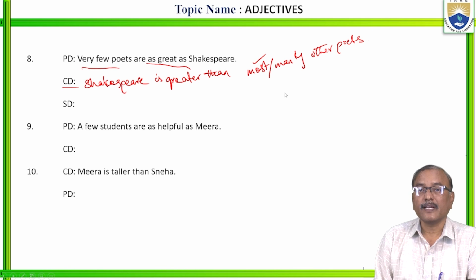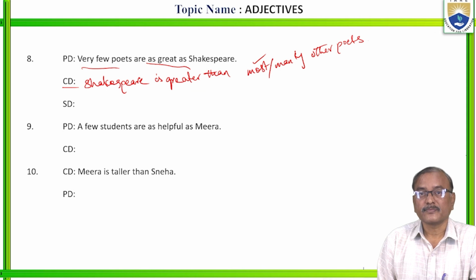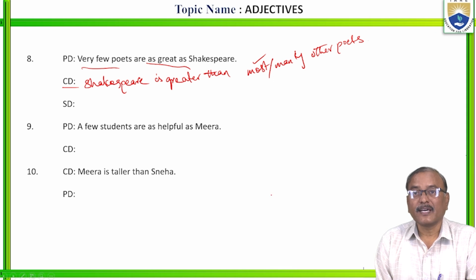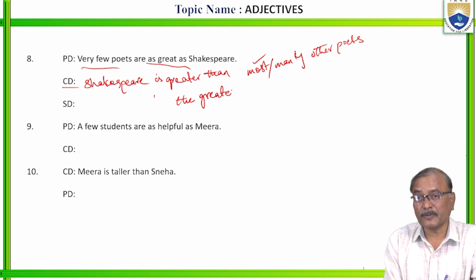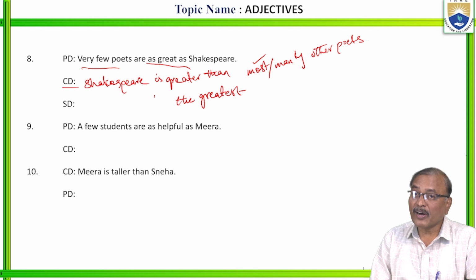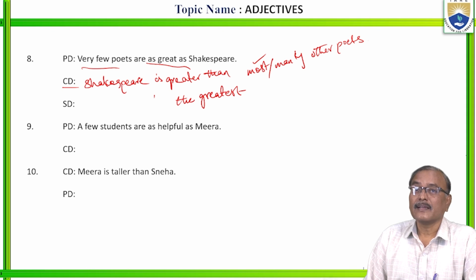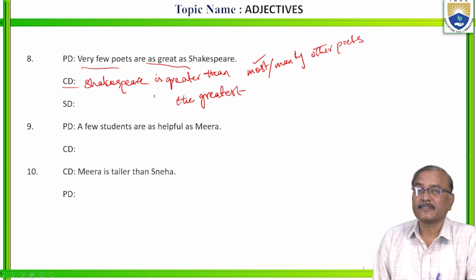Right? Superlative. Superlative means, here, what is that here? What is the superlative form? The greatest. Is he the greatest poet? Or one of the greatest? Or one of the few greatest?